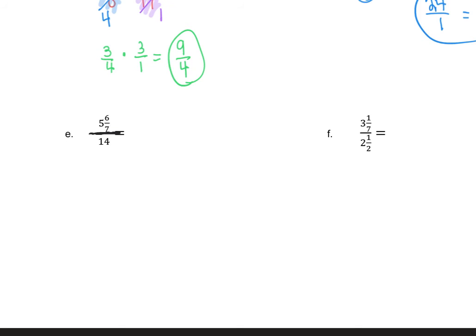All right, similarly here, this is my division bar. I can make this 14 over 1 on the bottom. And now I need to change them both into, well, the bottom is an improper fraction, but the top needs to be. So I have 41 over 7 over 14 over 1. So I bring the bottom one up and flip it. So I have 41 over 7 times 1 over 14.